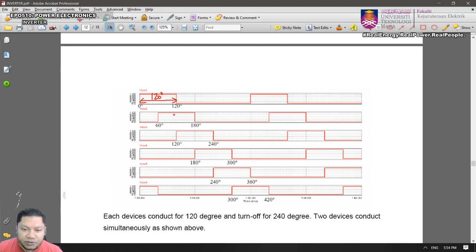And then for the next switch, switch 2, there will be a 60 degree delay, alright, and therefore it will start at 60 degrees and end at 180 degrees. The following switch, switch 3, will have a further 60 degree delay from the previous switch, and therefore it will start at 120 degrees, and the rest of the switches will each be 60 degrees delayed from the previous switch.